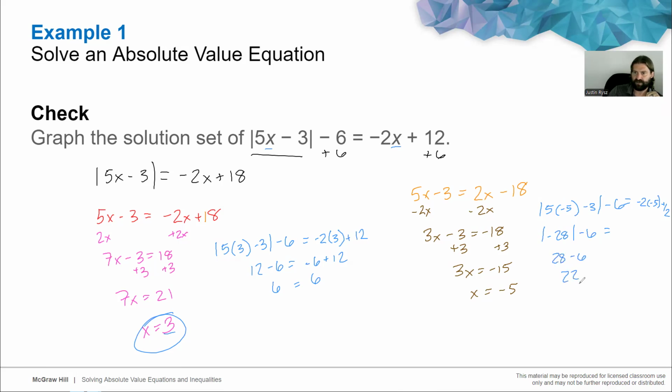If we subtract 6, that's 22. Now over here, negative 2 times negative 5 is a positive 10. If we add 12 to that, it's 22. So yes, both those numbers work. There's our solution set. We would say our solution is 3 and negative 5.